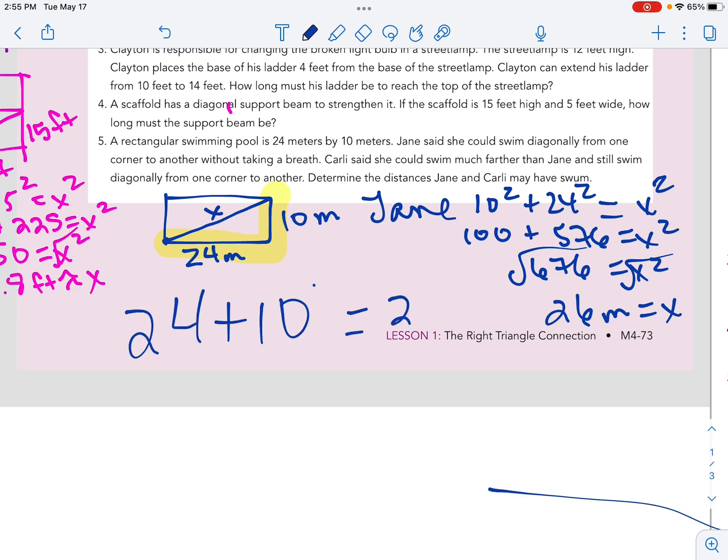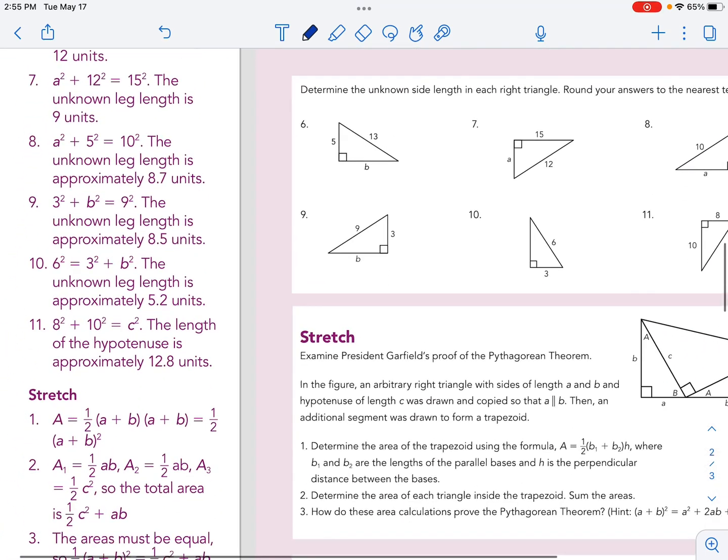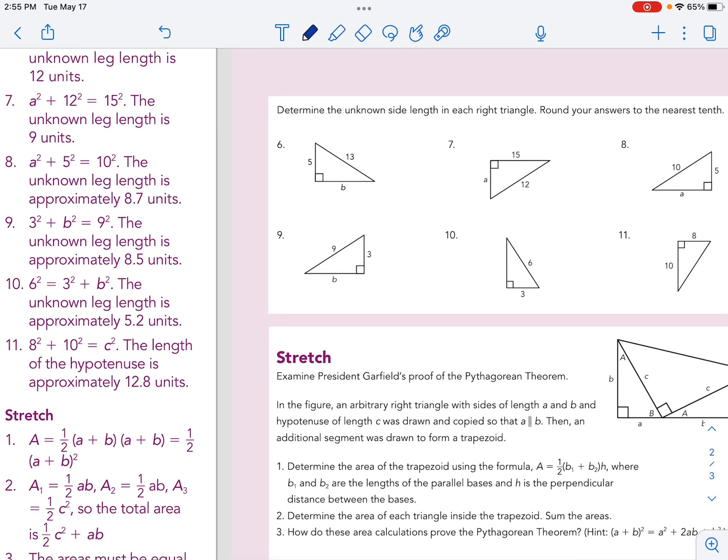I don't think this makes a lot of sense. So whoever is swimming from here to here swims more than the person that swims the diagonal. That's all that means. Okay. So then, determine the length of the unknown side.